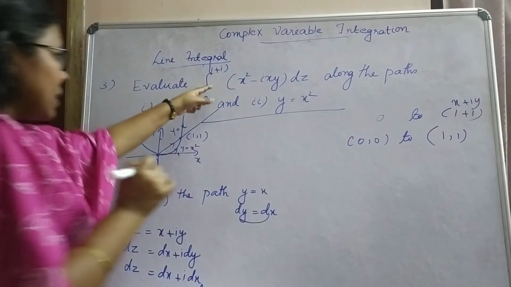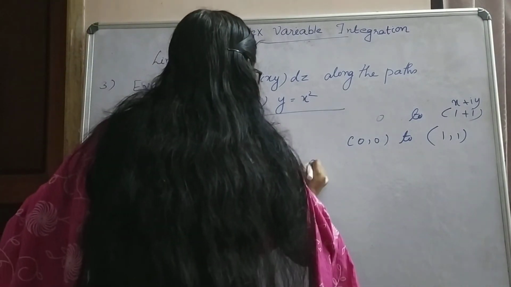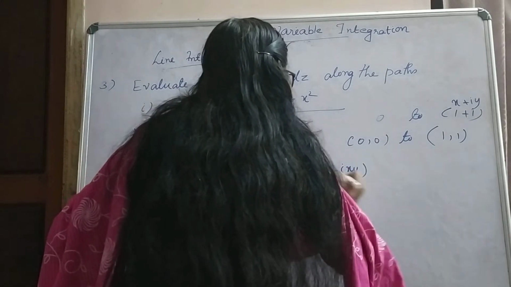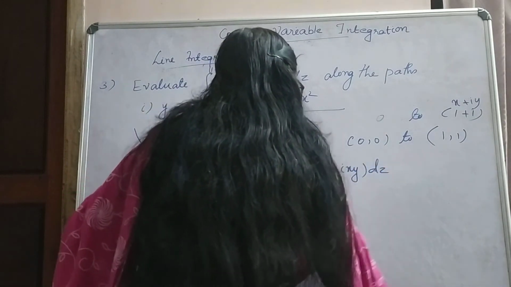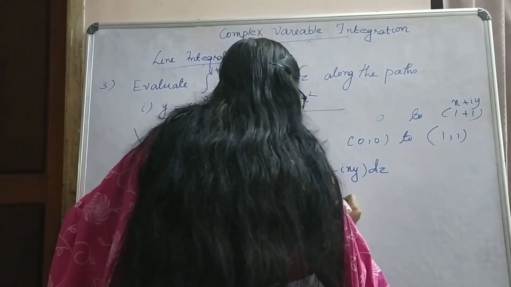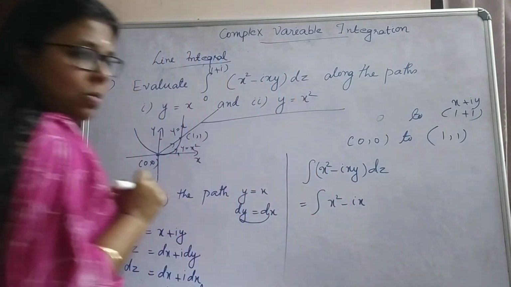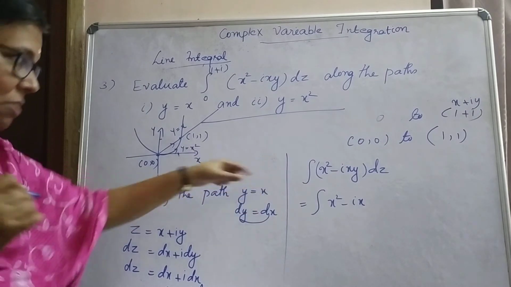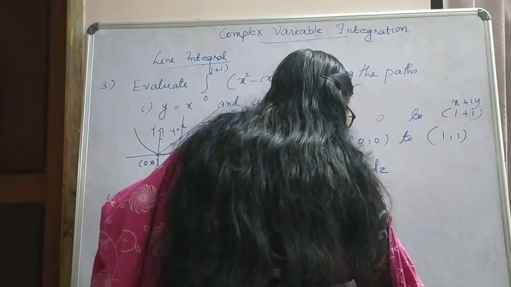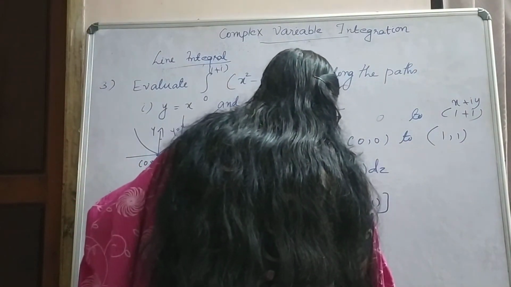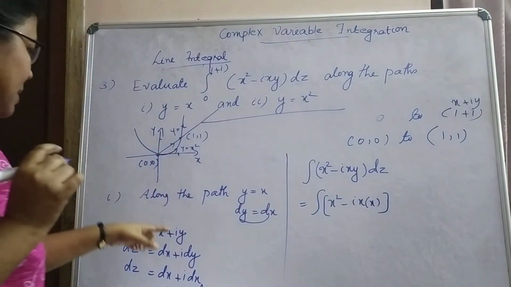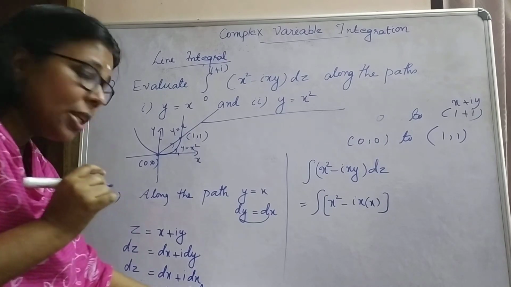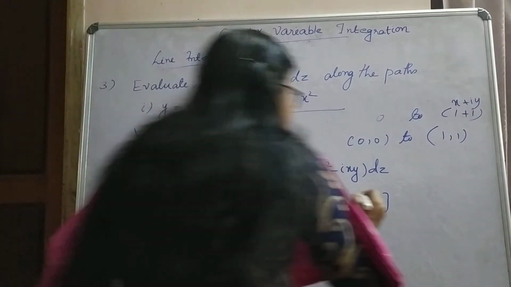Now we have to integrate this, which is integral of x square minus ixy dz, equal to integral of x square minus ix into y, where y is given as x. Therefore replace y by x, into dz, which is dx plus i dy, that is 1 plus i into dx.